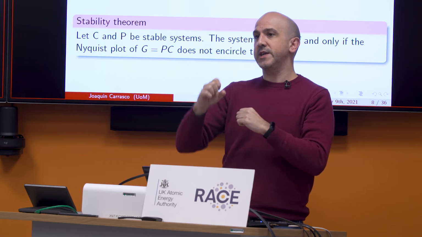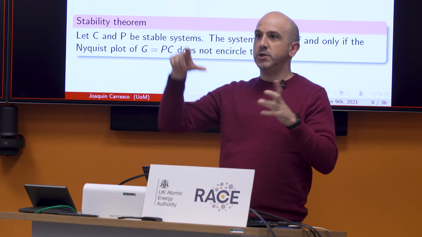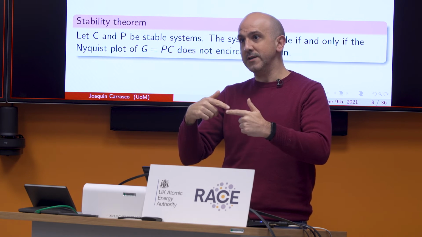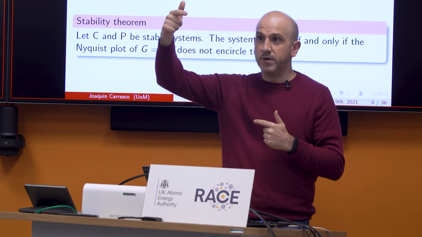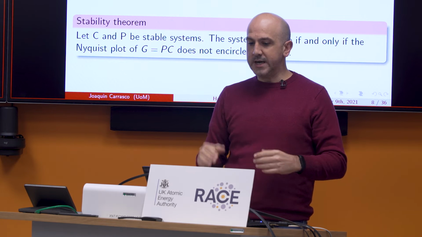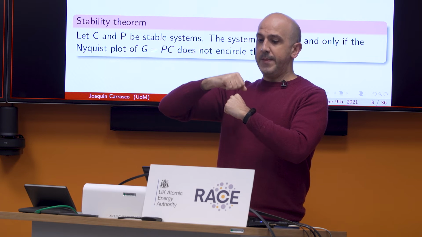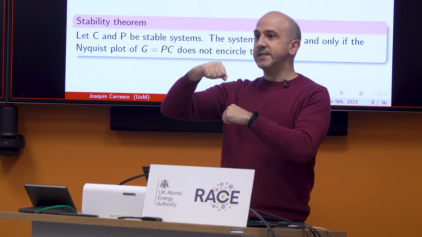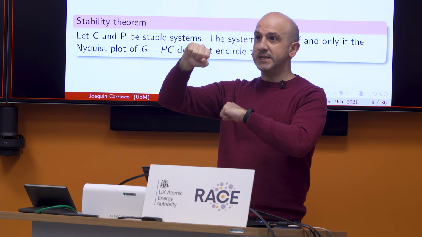Evidently, if you say, okay, one of my guys is not passive, then you need to see a little bit about the other one, to see if the other one can compensate for the lack of passivity of the first one. So with this kind of condition, what we are trying to do is split the loop into two parts, and then test conditions that independently can ensure that my system is going to be stable.